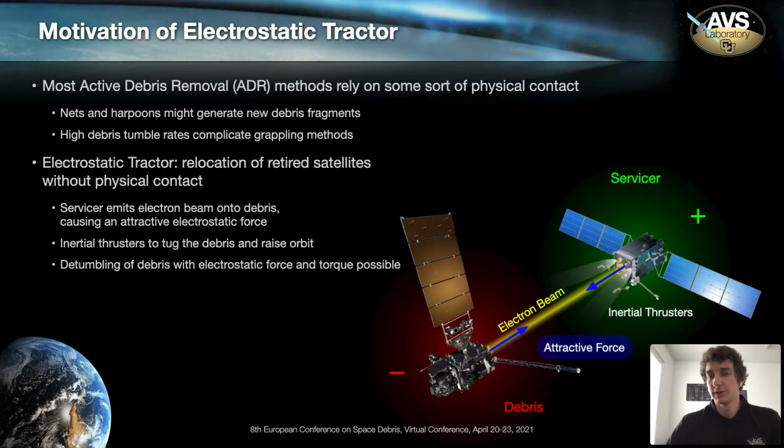Due to the emission of electrons, the servicing satellite will charge positively, while the debris charges negatively due to the accumulation of electrons. This results in an attractive force between the two spacecraft, which essentially acts like a virtual tether connecting the two spacecraft. And using its inertial thrusters, the servicing satellite can then tug the debris away and relocate it to a graveyard orbit.